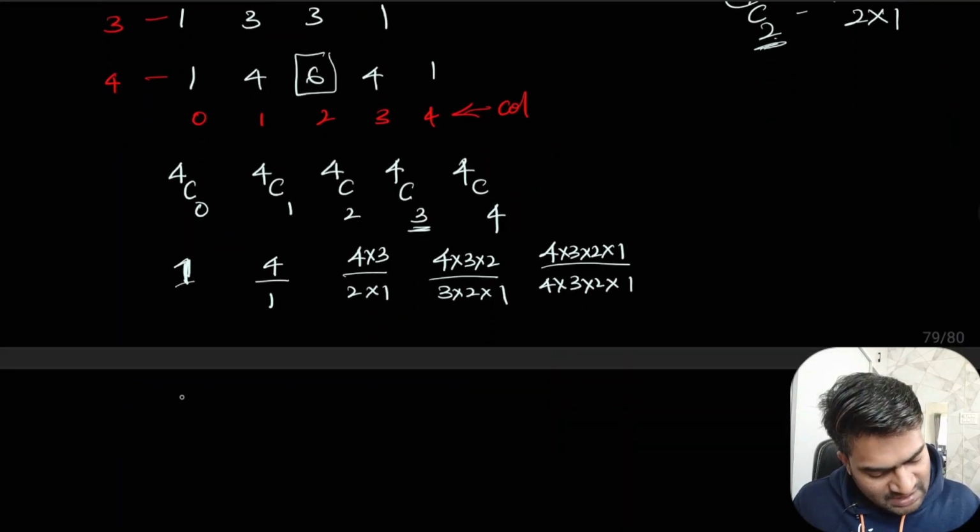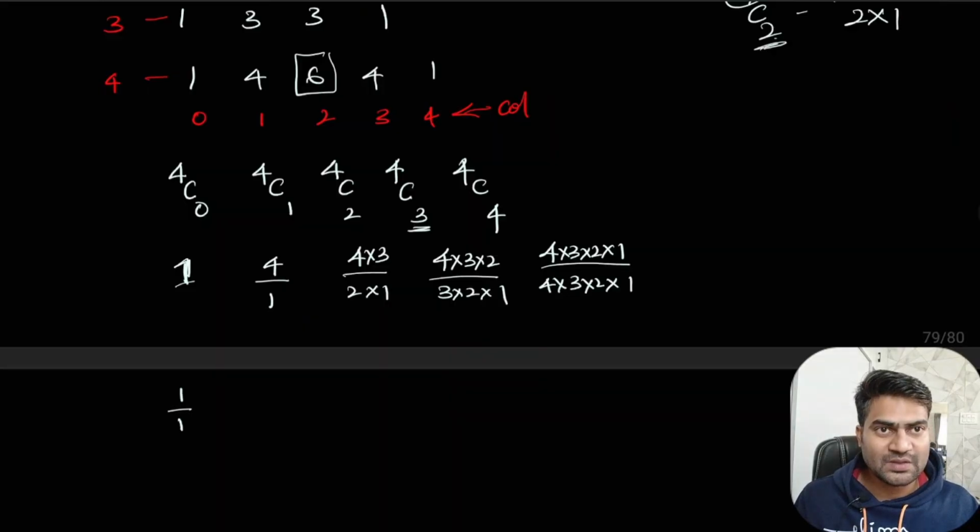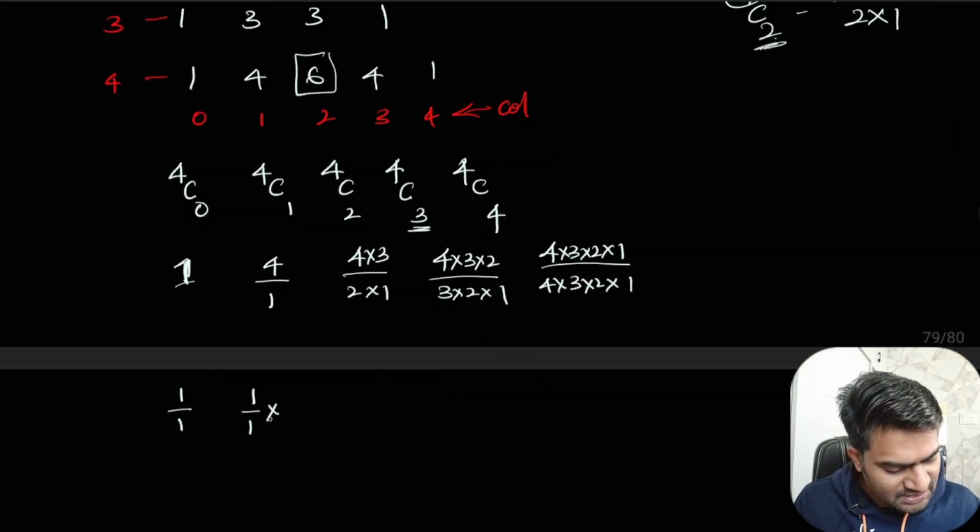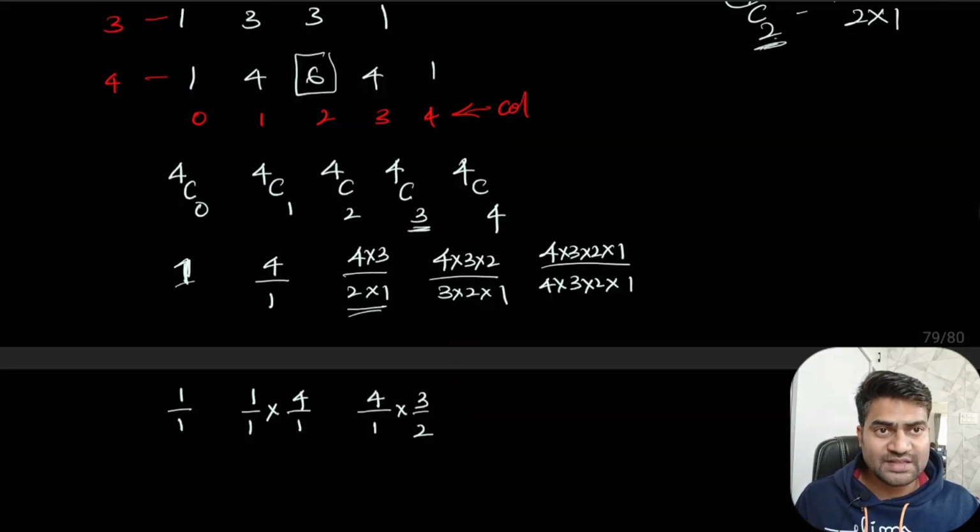Now what you can observe, or I'll rewrite this a little bit. First value I will write as 1 divided by 1. Next, second value I will write 1 divided by 1 into 4 divided by 1. I will say why I am writing that. Now the third value I will write 4 divided by 1 into 3 divided by 2. This is same, correct, right?